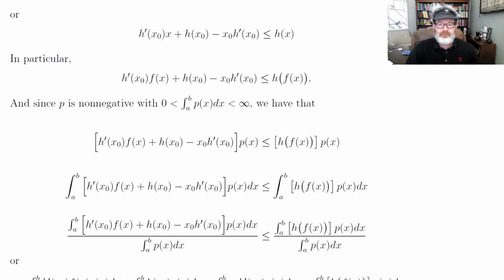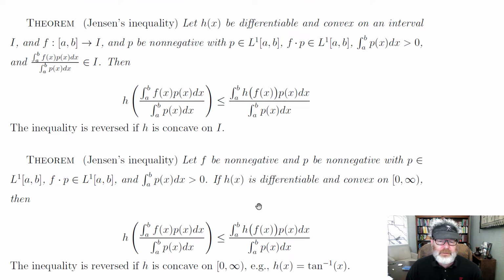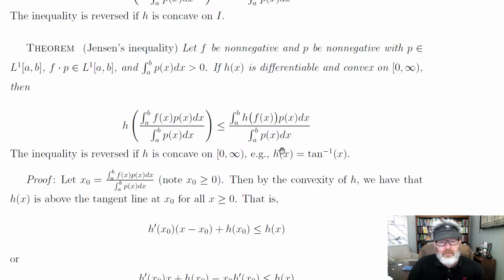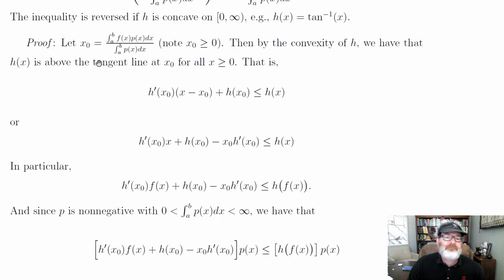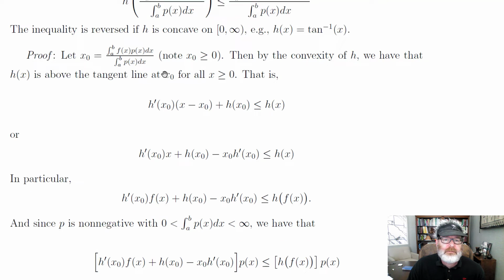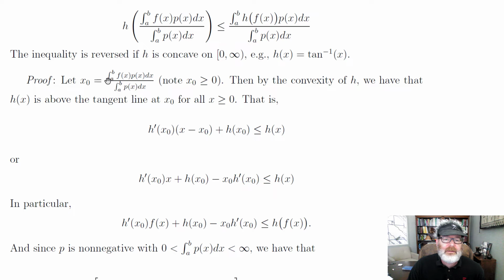So let's look at the proof. Again, I'm going to look at the proof of this version here. It could easily be switched to where you just have an arbitrary interval of convexity, and then as long as f outputs into that interval and this integral is also in that interval where h is convex, it would work. But all right, the way the proof goes is that you set x naught equal to this fraction, integral of f times p divided by integral of p.